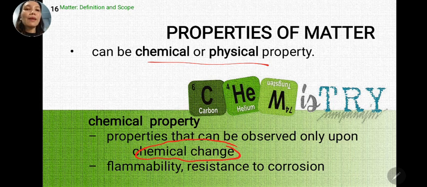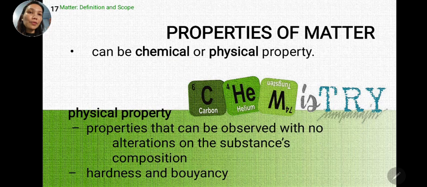So, these are the examples: flammability or resistance to corrosion. Yung physical properties naman, this can be observed with no alterations on the substance composition. Ang examples are hardness and buoyancy. Yung hardness, kung gaano katigas yung substance natin. Yung buoyancy naman, yung ability niya to float in water.